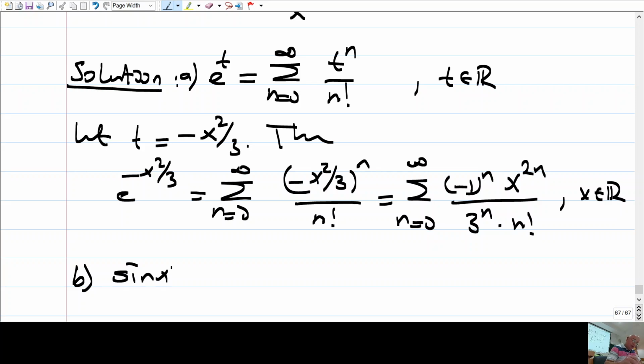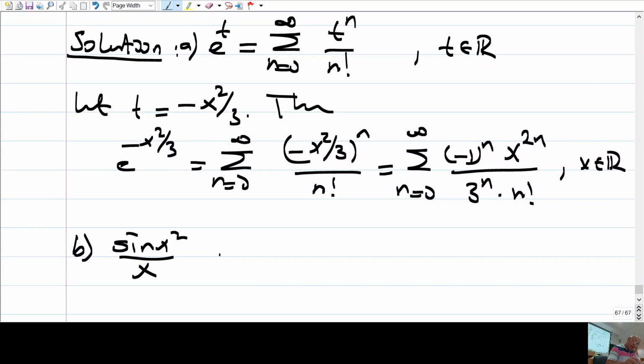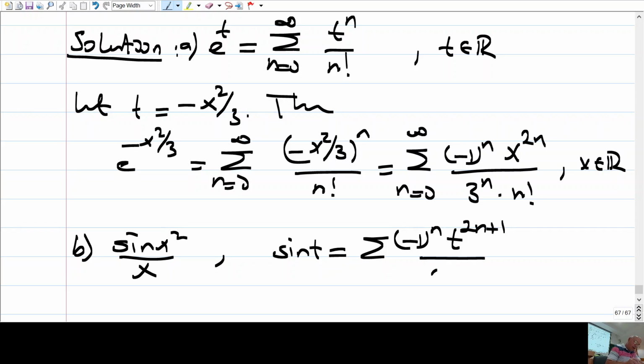Sine x squared over x, well, sine t is just the sum of minus 1 to the power n, t to the power 2n plus 1 divided by 2n plus 1 factorial, n from 0 to infinity, right?